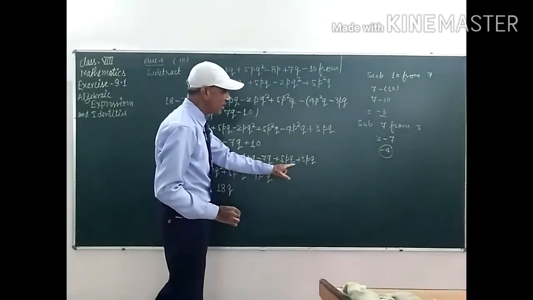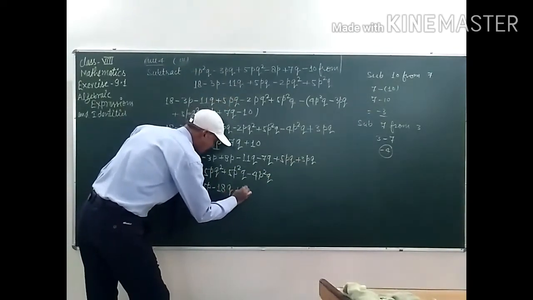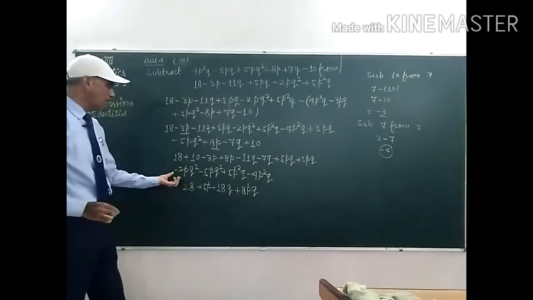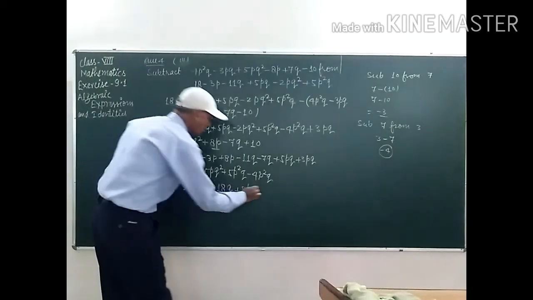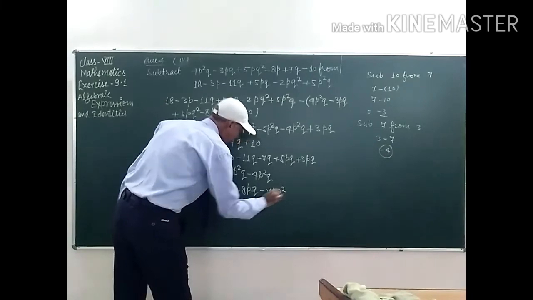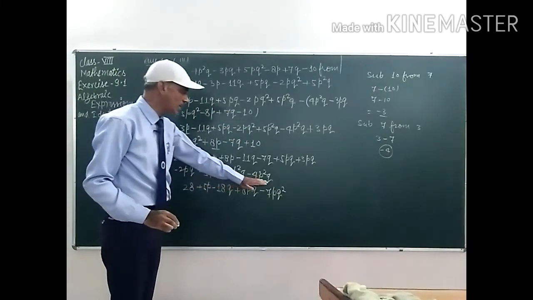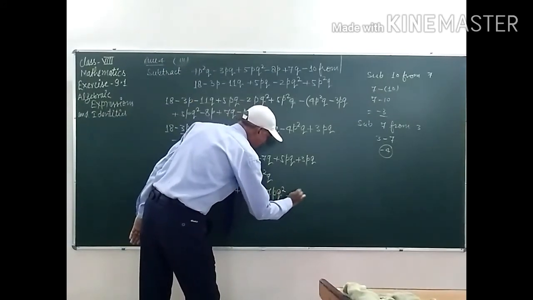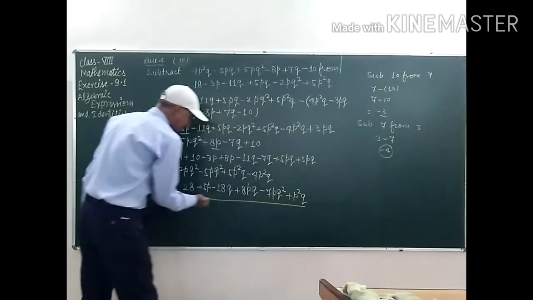Plus 5pq and 3pq is plus 8pq, and minus 2pq square minus 5pq square is minus 7pq square, and 5p square q minus 4p square q is only p square q. Okay students, this is the answer.